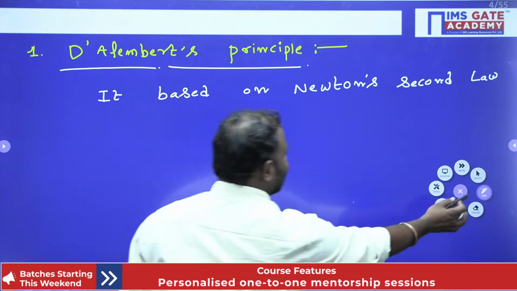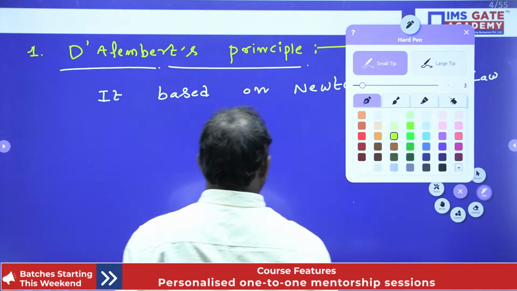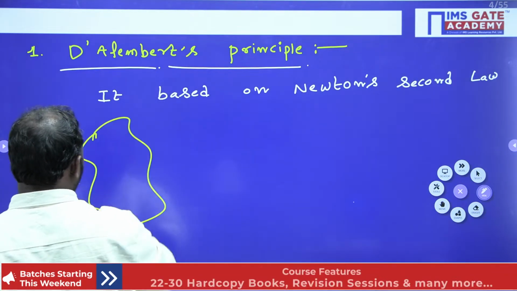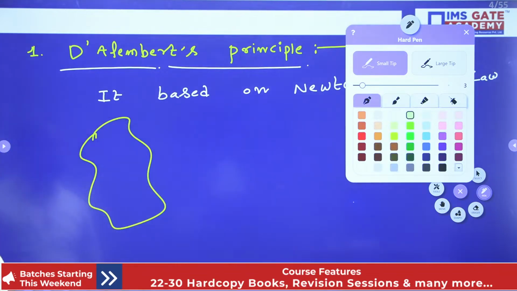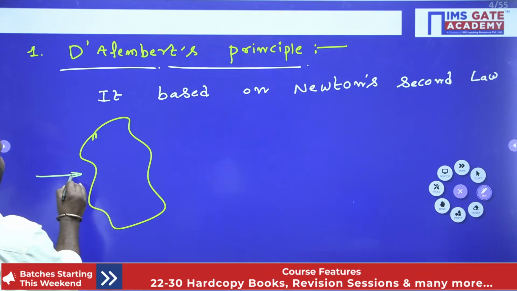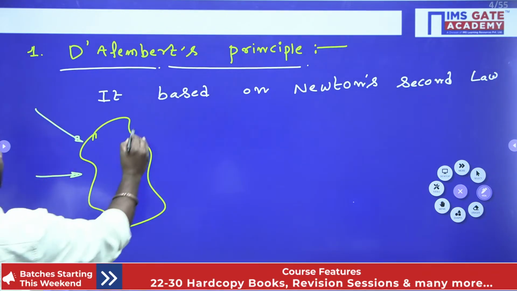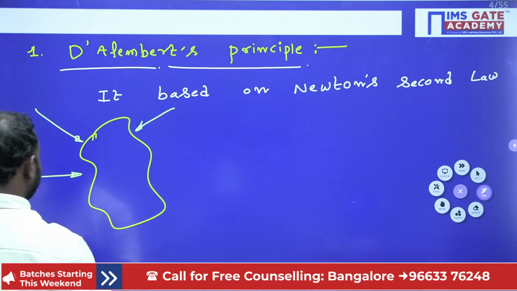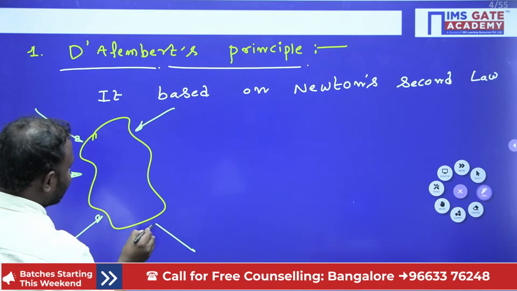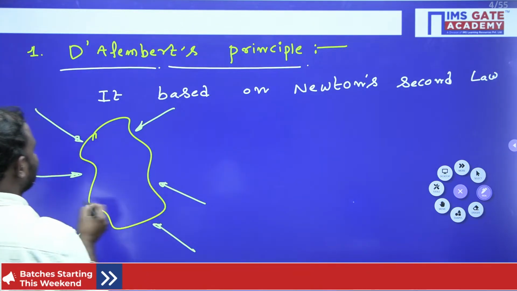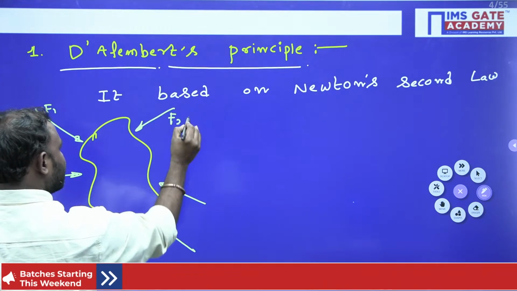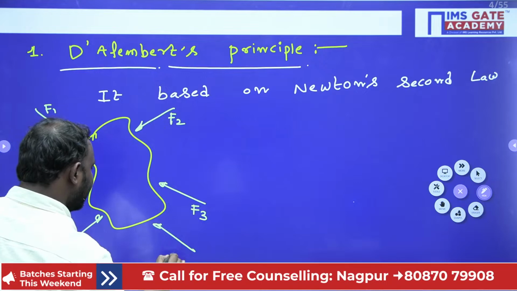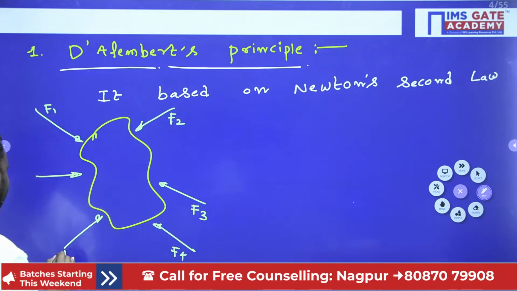Now, here I am taking a body, all right guys. On this body, forces are going to act in this direction, this direction, this direction, and then this direction. Say F1, F2, F3, F4, and F5.